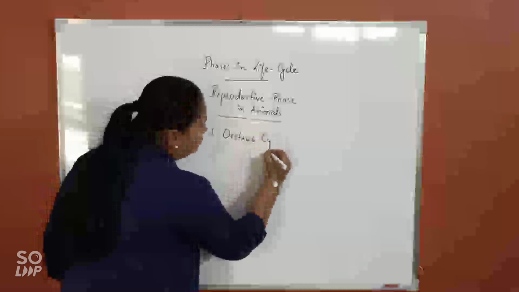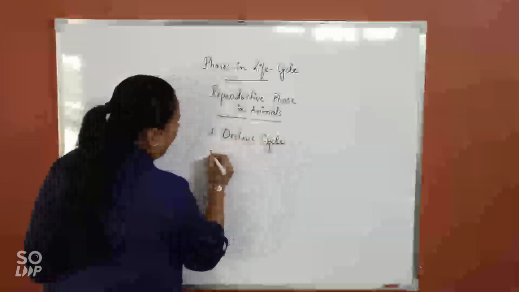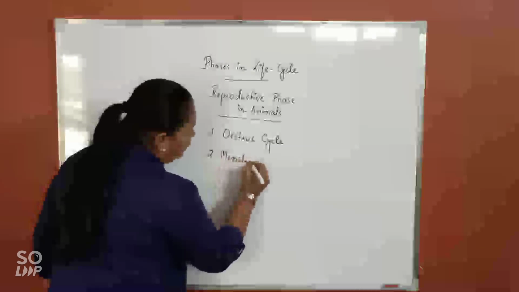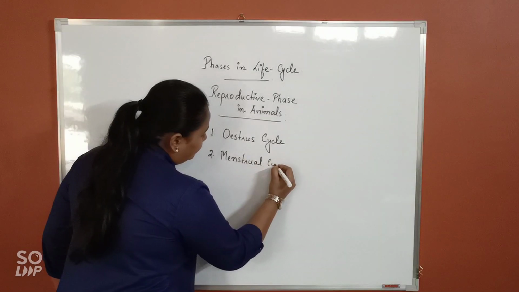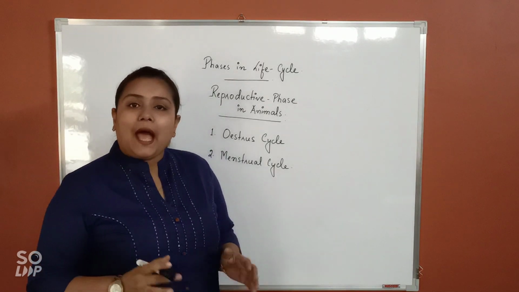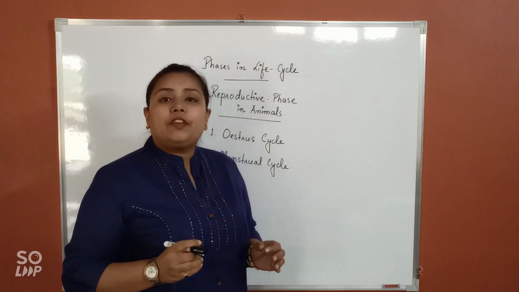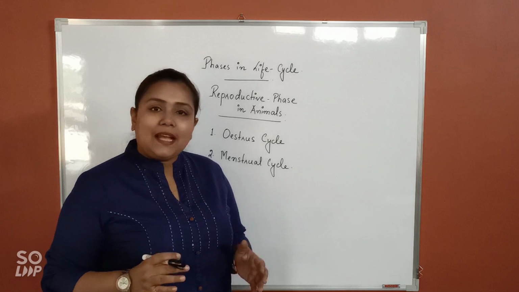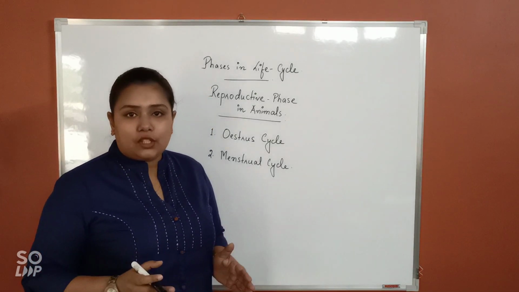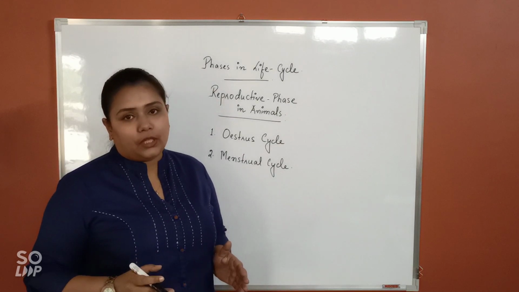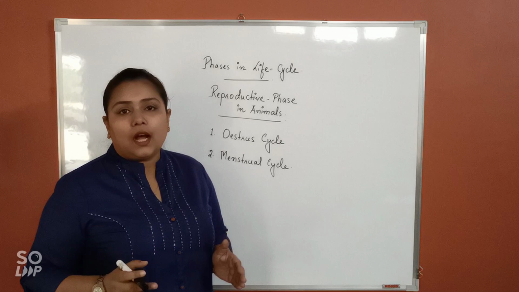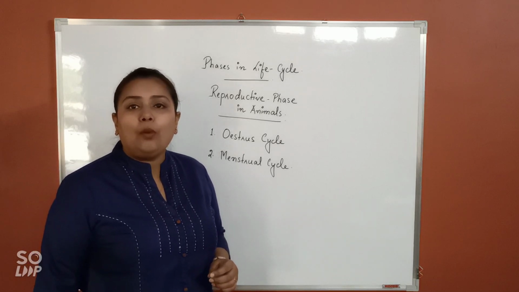In animals, basically in the females of placental mammals, certain cyclical changes keep occurring in their body, mainly in the activity of their ovaries or accessory ducts, or even in the hormones.